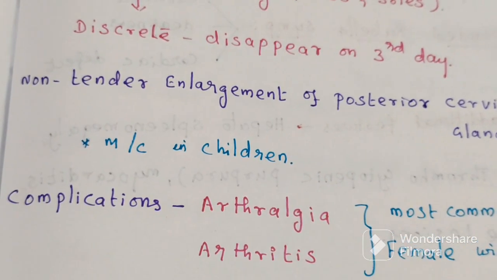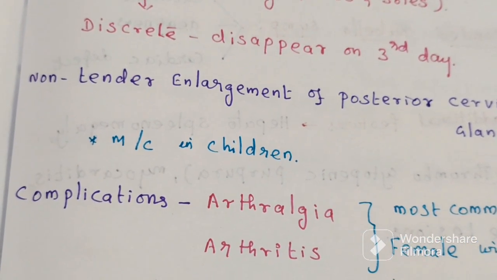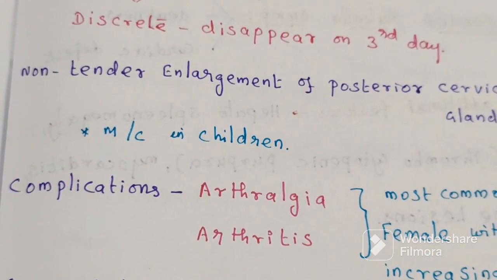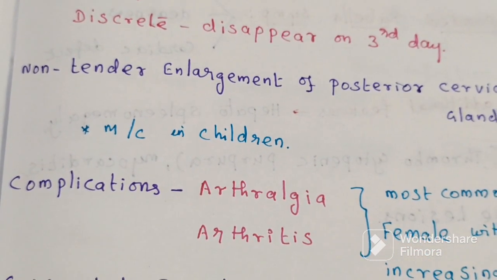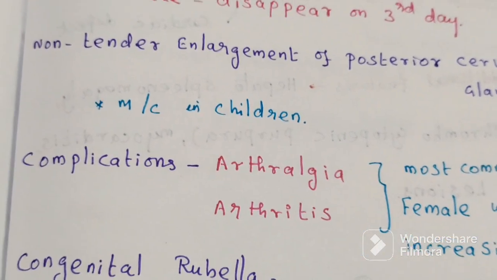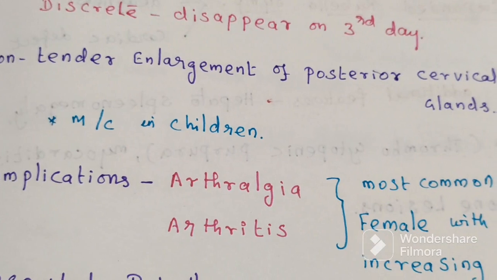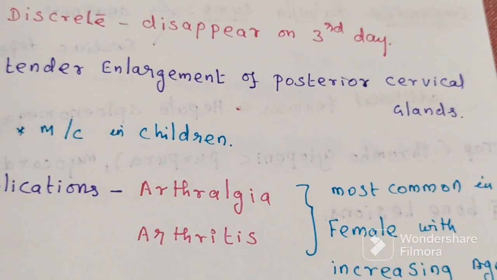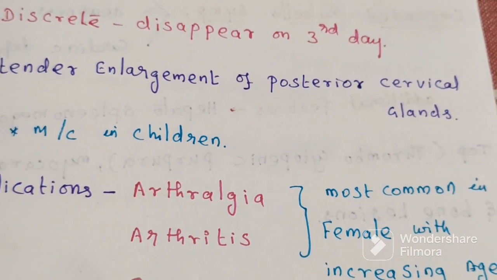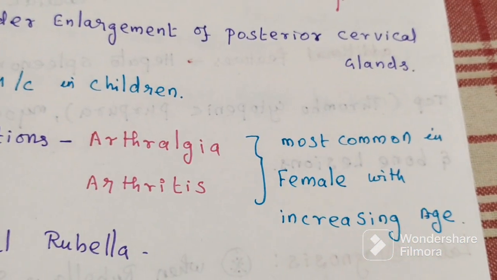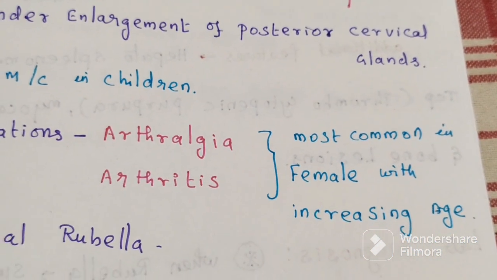Rubella is most common in children. Sometimes it can produce complications including arthralgia and arthritis, which are most common in females with increasing age.